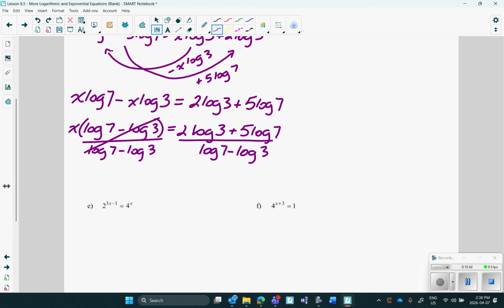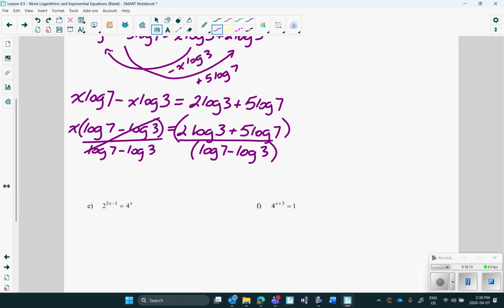Okay, so give it a shot, because like I said, you need to know how to do this. So you're going to have to put those in parentheses and then divide, and then those in parentheses.